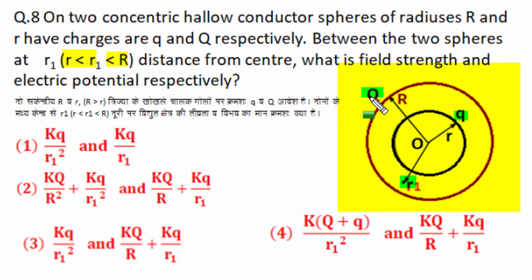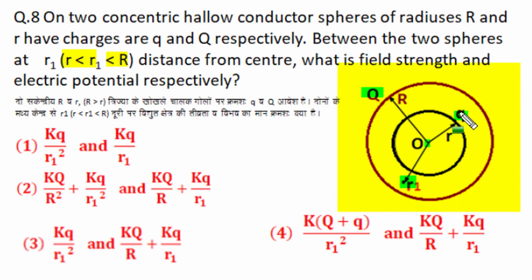So this capital Q won't create any electric field contribution at r1 distance position. So electric field at r1 distance position is only due to small q charge, and for this r1 external position, this small q charge of small r radius behaves as a point charge acting from its center, and observation position and center have a distance r1.